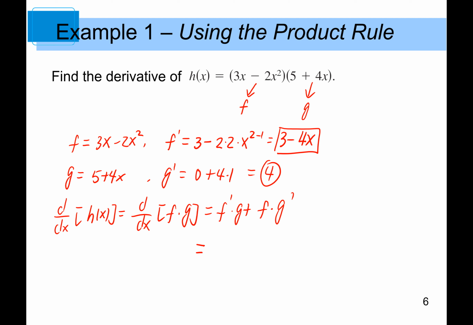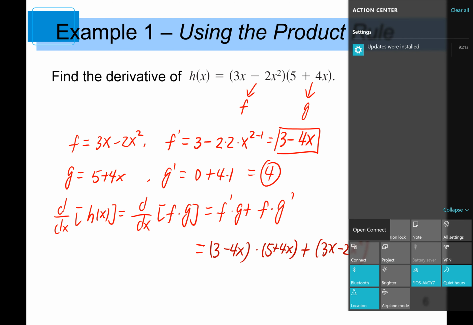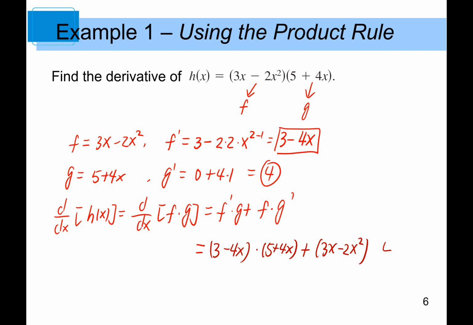Okay, so it's going to be f prime, 3 minus 4x, times g, 5 plus 4x, plus f, 3x minus 2x squared, times g prime, which is just 4. Okay, then we just distribute and combine like terms.